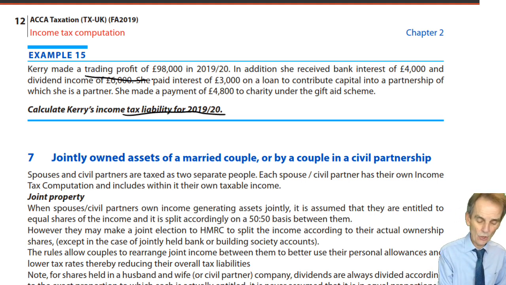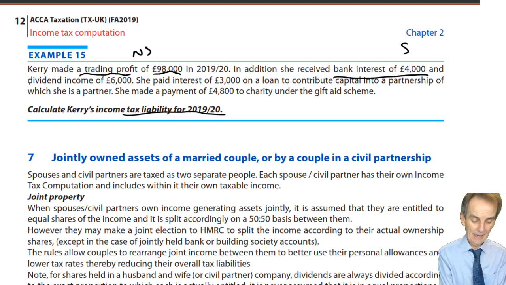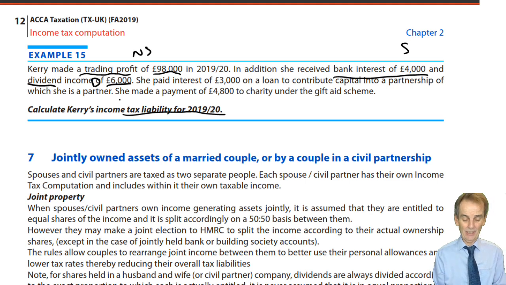We've got trading profit of 98,000, and that of course is non-savings. Bank interest of 4,000, savings income. And also dividend income, obviously that is dividends, 6,000.